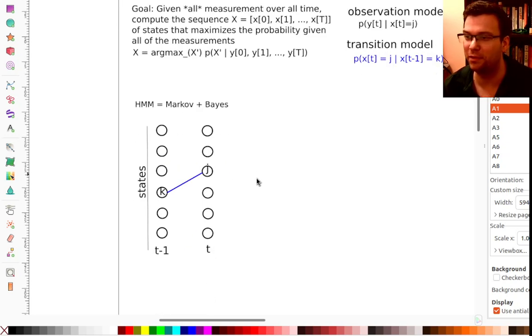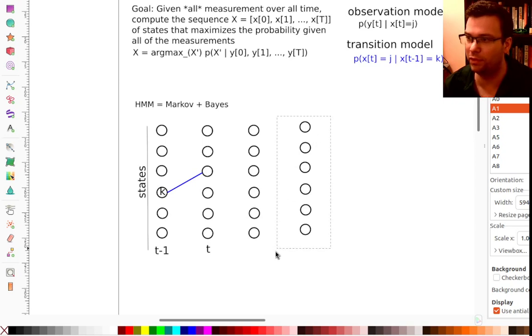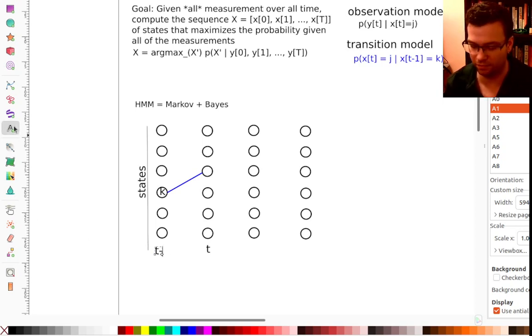Unfortunately, naively, this is not going to work out too well because there's an exponential number of paths. Here's the state space, and I'm trying to go over time. The rows are going to be the states, and the columns are going to be time. This is time 0, this is time 1, and then dot, dot, dot.